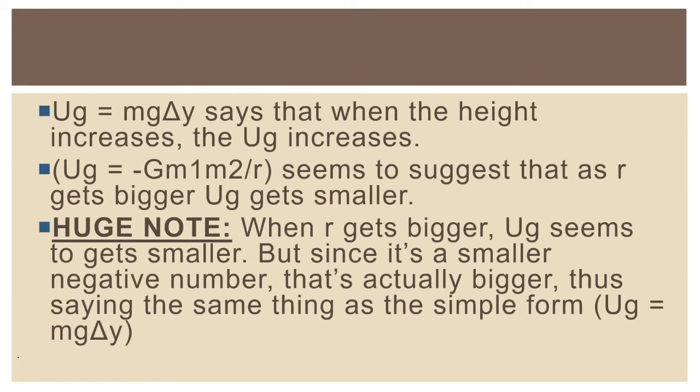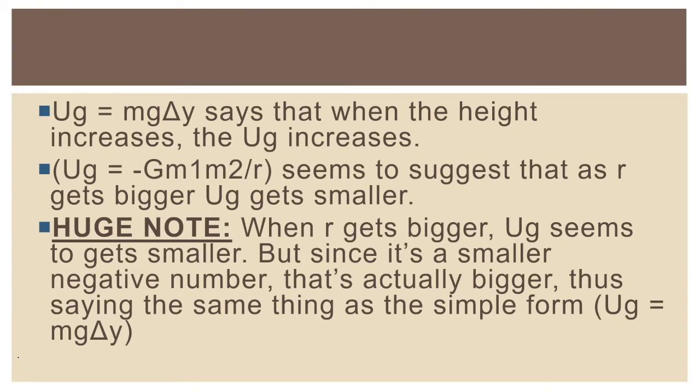But since it's actually a smaller negative number, that's actually bigger, thus saying the same thing as the simple form mg delta y. When you increase r, that number in magnitude is going to be a smaller number, but it's a smaller and smaller negative number. And since it's getting closer to zero, which is closer to all the positive numbers, it's actually technically getting bigger.